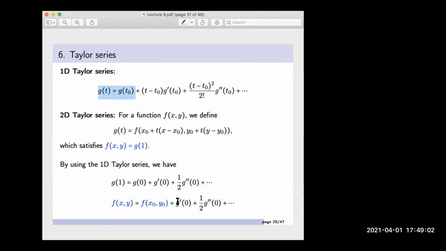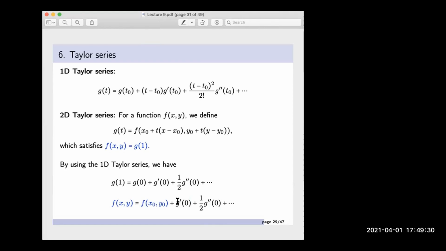So we only need to look at the third and the fourth term to see whether they are also similar to the Taylor series here. Actually, this would be the Taylor series for a function of two variables. But we still need to figure out what is the third and the fourth term. We want to express the third and fourth term also in terms of f.